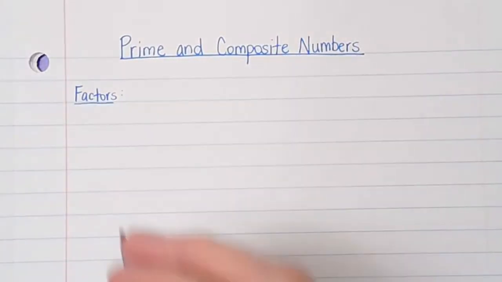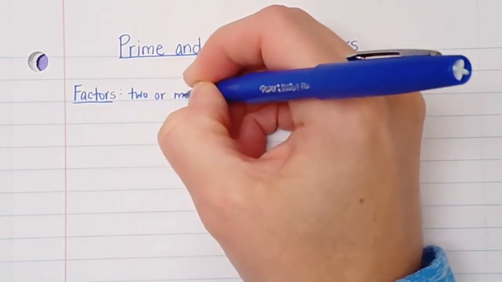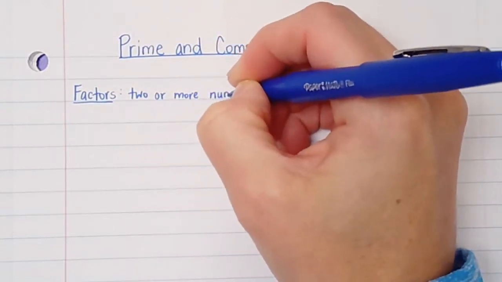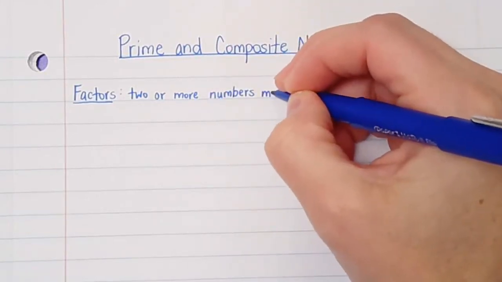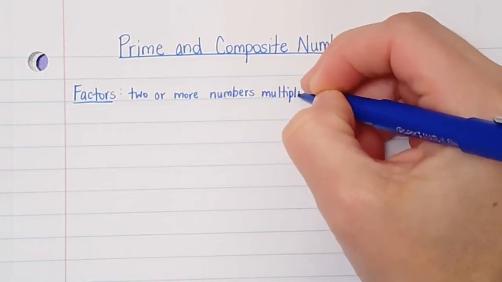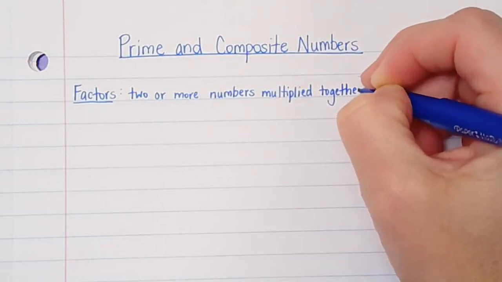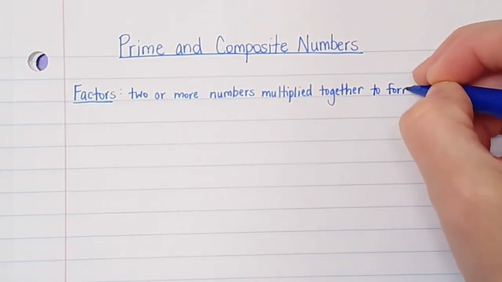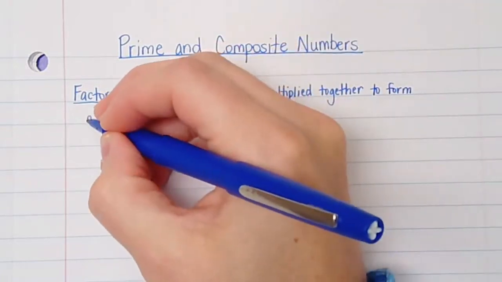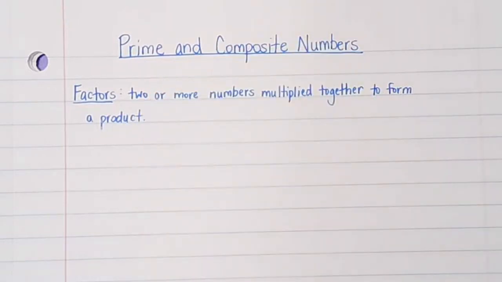Factors are 2 or more numbers multiplied together to form a product, which is just a fancy way of saying the two numbers that give you a multiplied number.